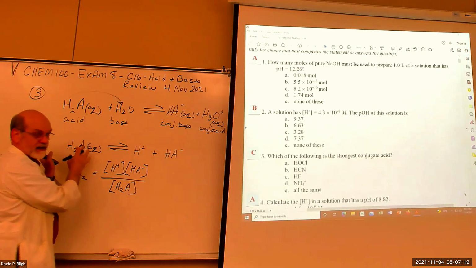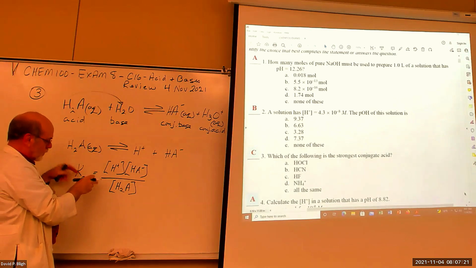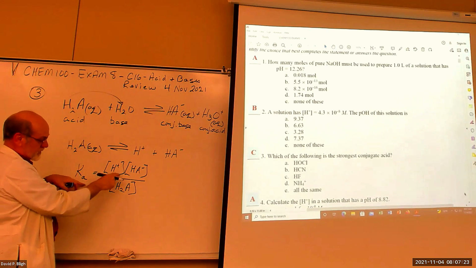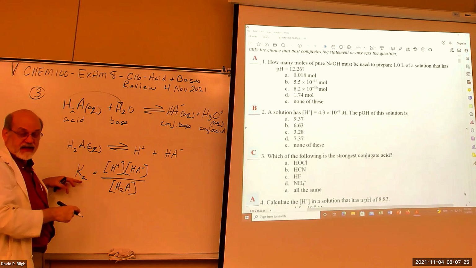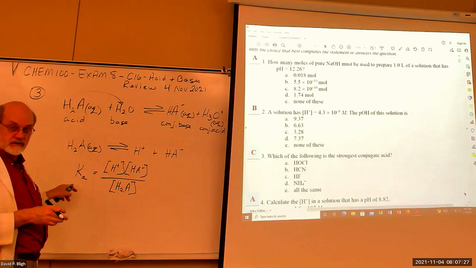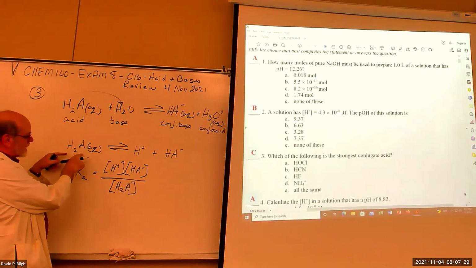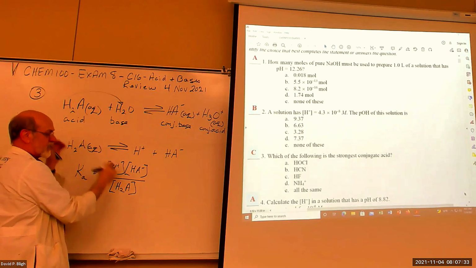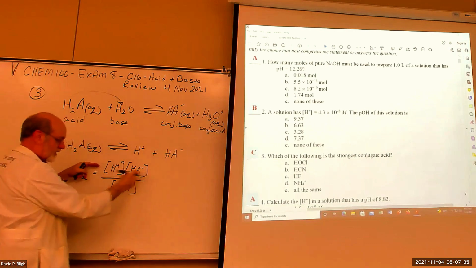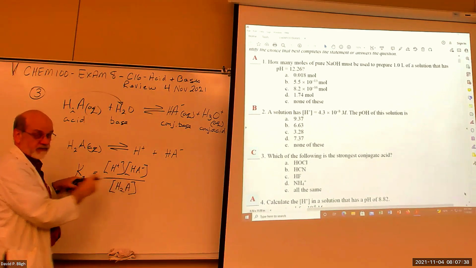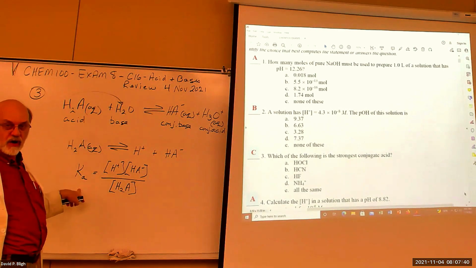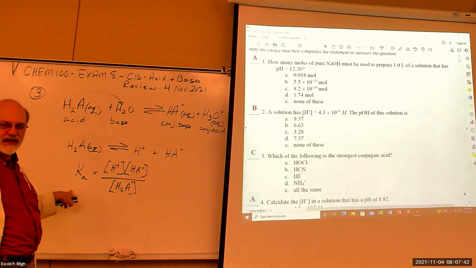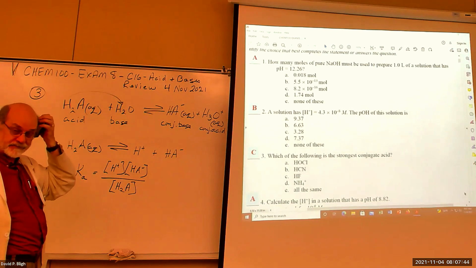A lot of this and very little of that. Which makes this value here, since that's big and that's small, it makes Ka very large. But if it doesn't dissociate easily, and most of it is like this, and very little of it is like that, then this term becomes small, and this term becomes large, and the Ka is small. So the smaller the Ka, the weaker the acid.